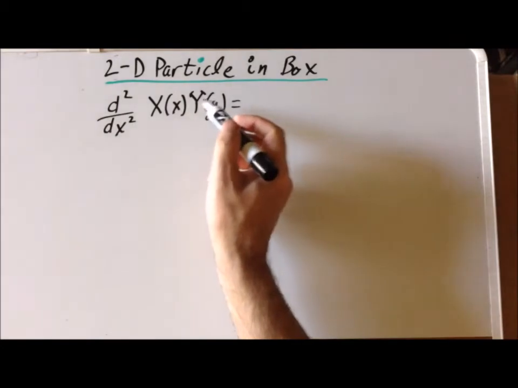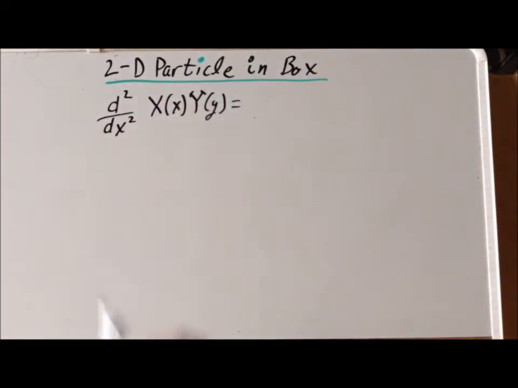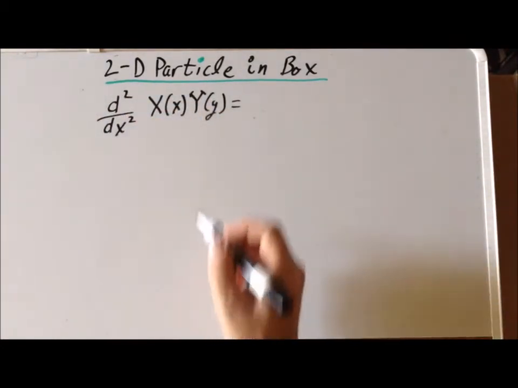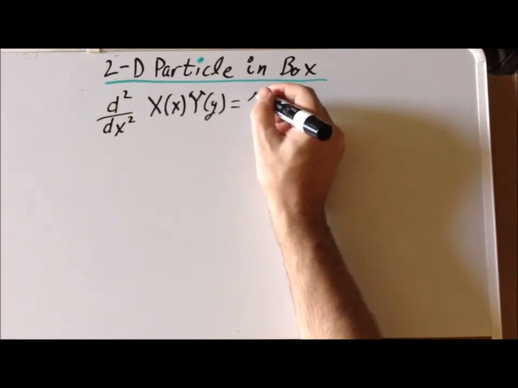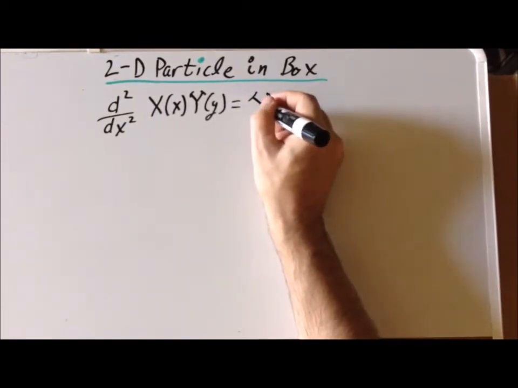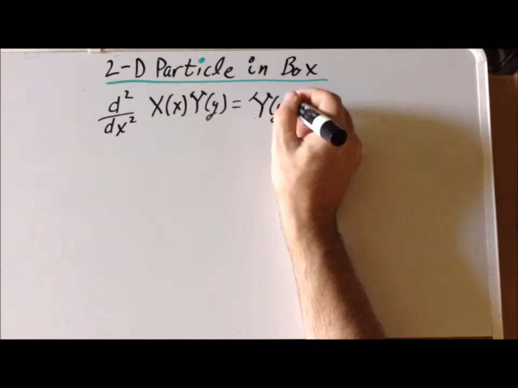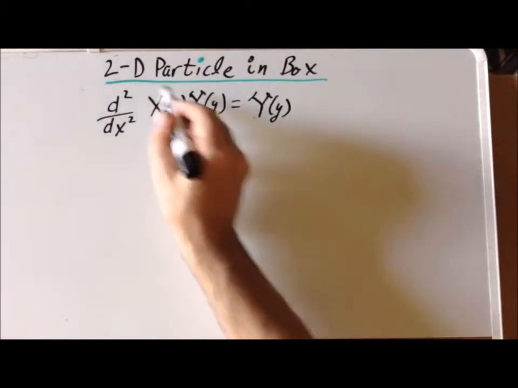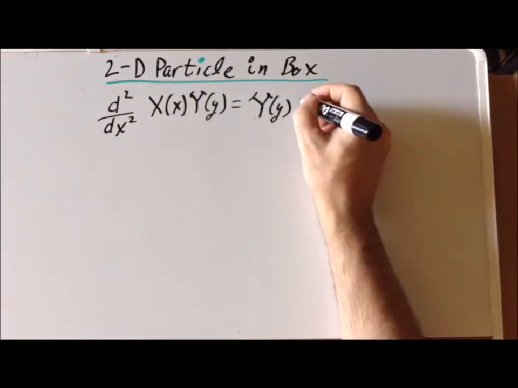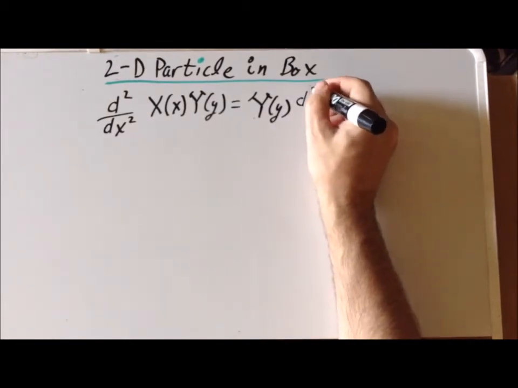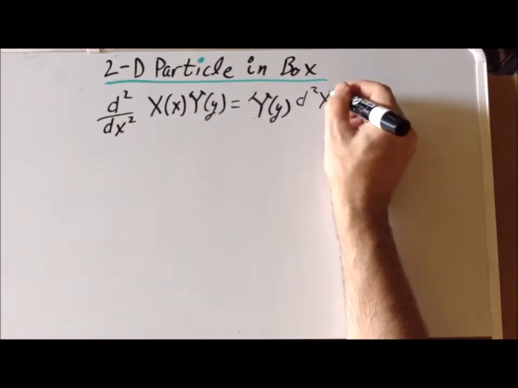Since the differential operator is a linear operator, we can pull the function of y out in front and then proceed to take the second derivative with respect to x. Now we don't know this particular form of that derivative, so we'll just write it as the second derivative.